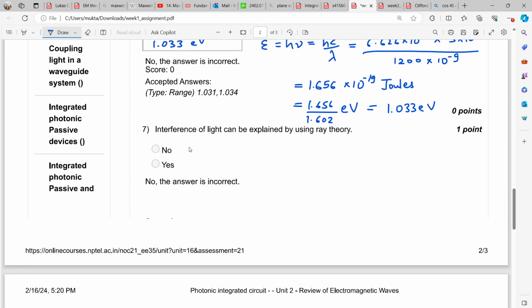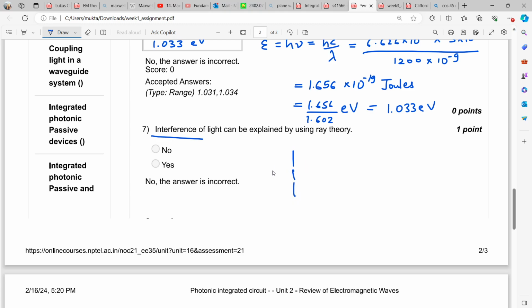Okay. Interference of light can be explained by using ray theory. Yes or no? So light interference basically means, let's understand it in terms of Young's double slit experiment.